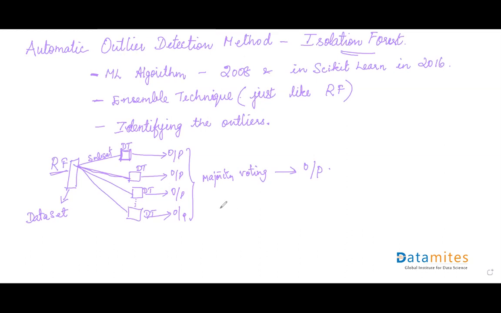In a similar way, this isolation forest is also going to combine multiple decision trees. But it is going to identify the outliers in each model.